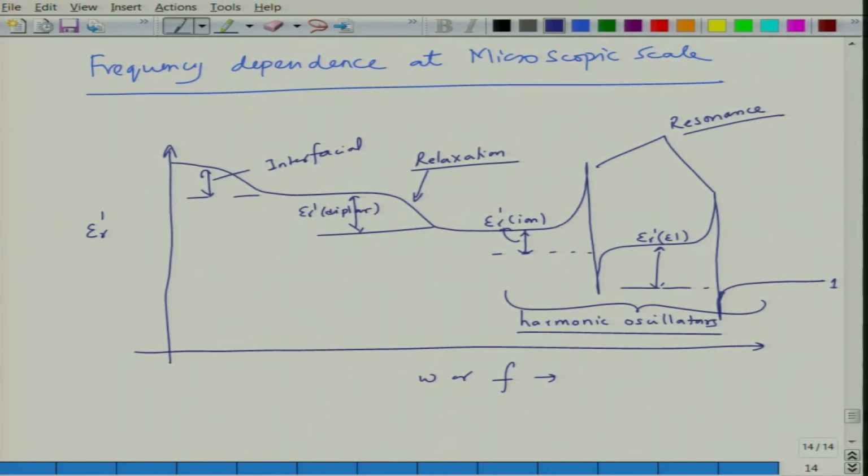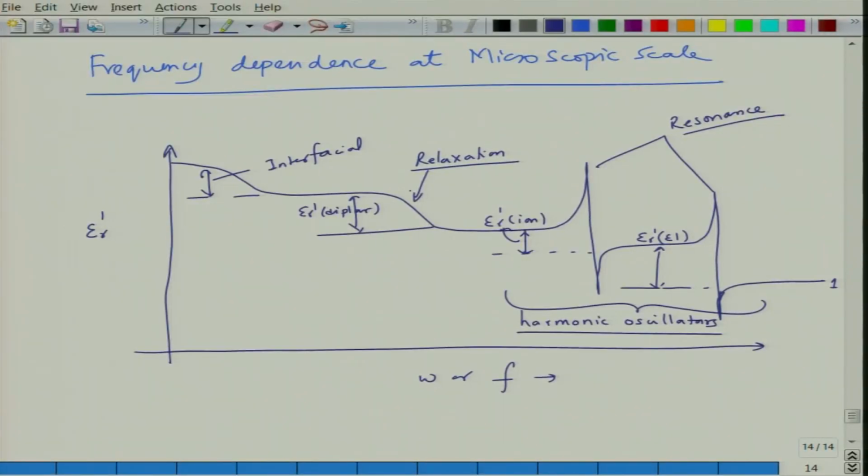Because the dipoles are heavier, you can call it friction in the lattice, and they have to go from one stable state to another stable state. So, there is an energy barrier to be crossed. They slowly relax from one position to another, and that is why it is a time taking process, called relaxation.